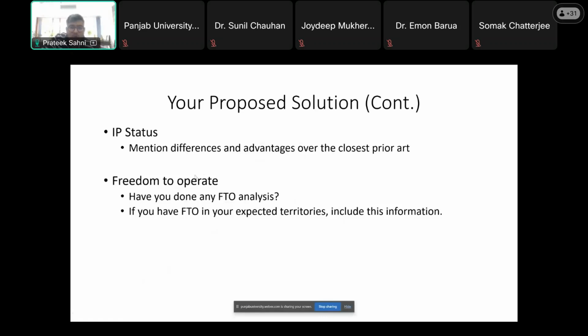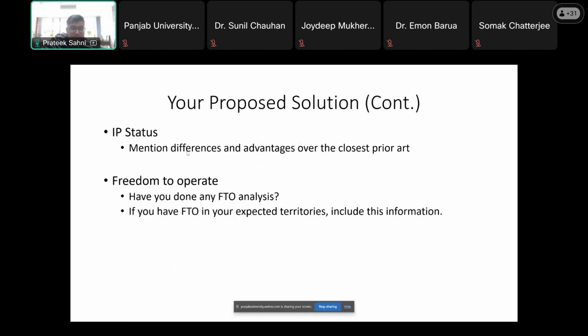But more than that, you might want to mention the differences and advantages over the closest prior art. That is to say, what novelty your invention has, but specifically what advantages your technology, your invention, has over the closest prior art.